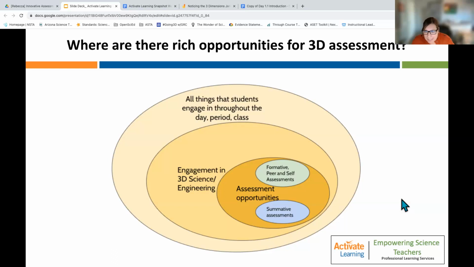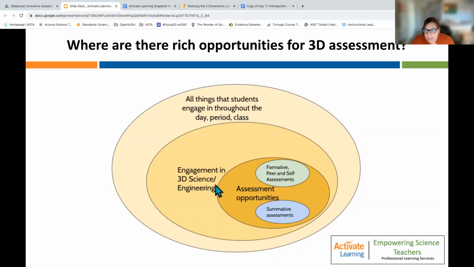Some of which can be like the logistical or procedural stuff, like lining up and going to lunch. But let's go a little bit further than that. But within the activities that students engage in during science instruction, there are numerous opportunities for 3D instruction, right? So this is that middle circle we're talking about here.